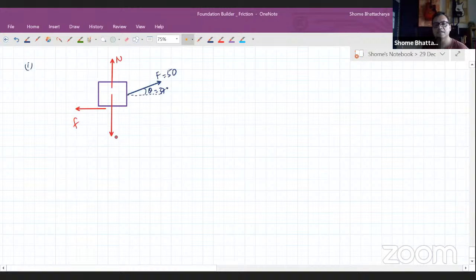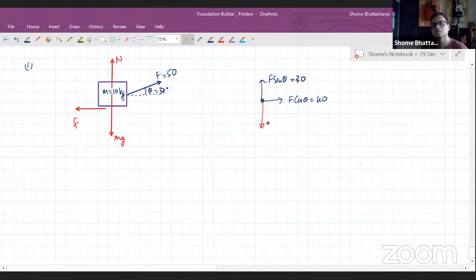So we don't know whether this is static or kinetic yet. We'll work this out. Okay. So the mass of the block was 10 kg. So when we take components of the forces, we can see that this force will have a horizontal component of 40 newtons, a vertical component of 30 newtons. Okay.